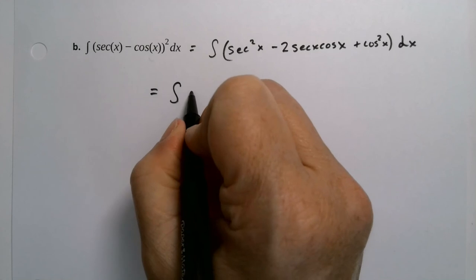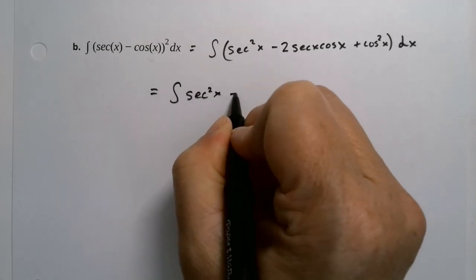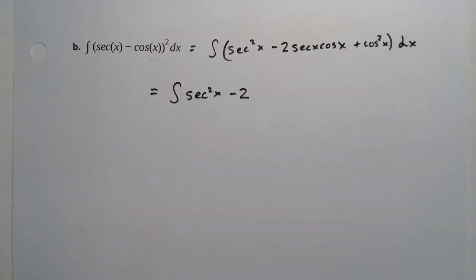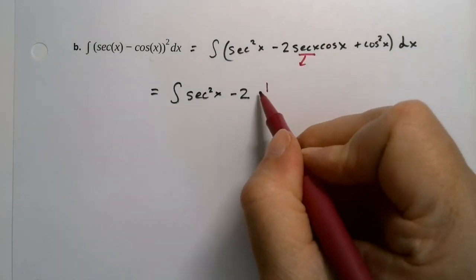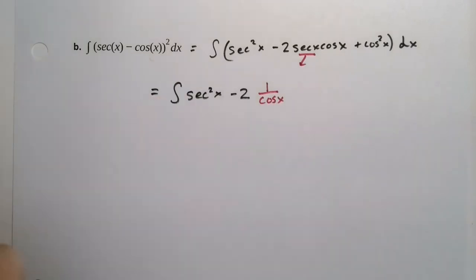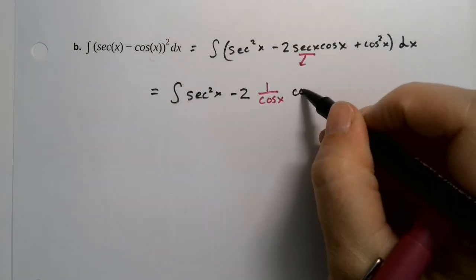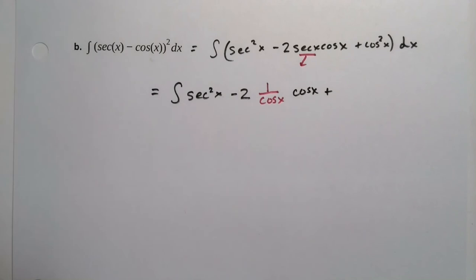All right, so let me write this. This is secant squared x minus 2, and then I'm going to change that in the middle. This guy right here is going to become 1 over cosine of x times cosine of x plus cosine squared is, there's a half angle identity for that.